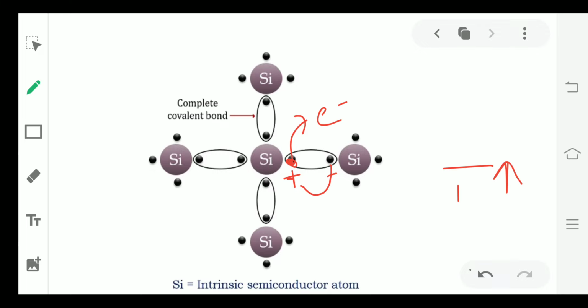This electron moves towards here, and a vacancy is created here. Now another electron becomes free, and this vacancy attracts another electron. So this is how conduction takes place by holes and electrons in a semiconductor.